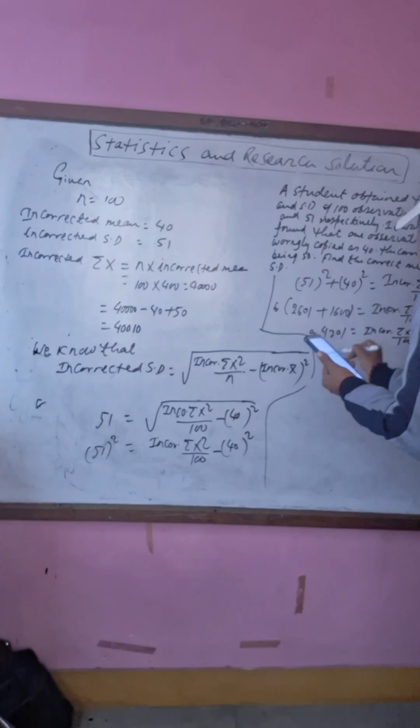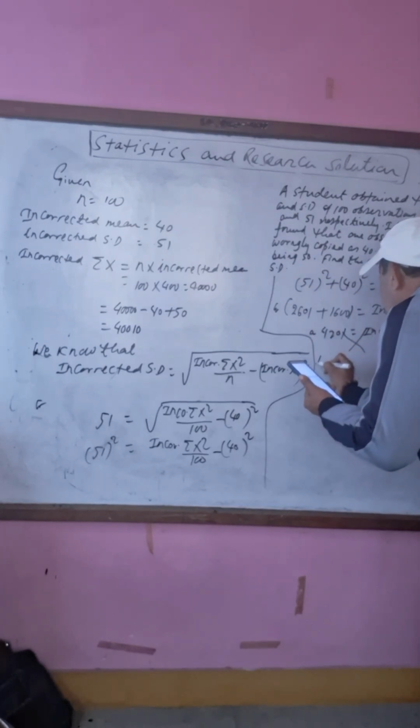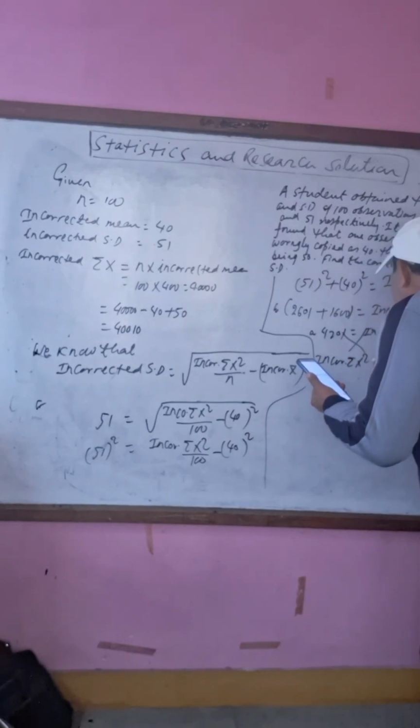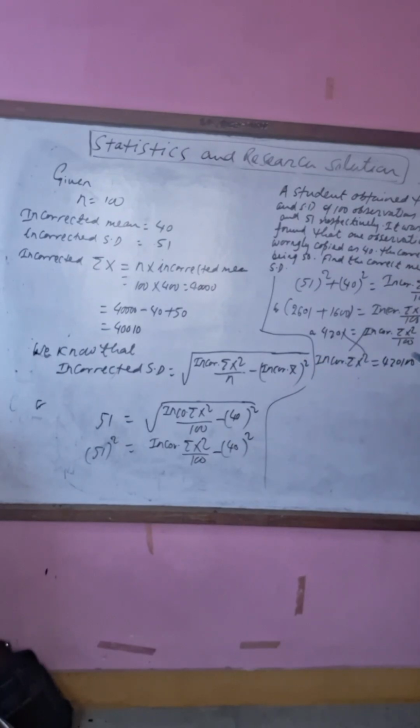Now cross multiplication. After cross multiplication you will get incorrect summation x square is equal to 420100. This becomes the final value.